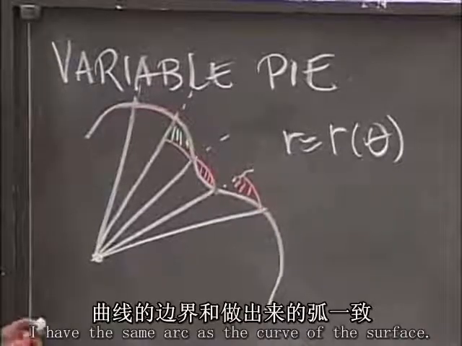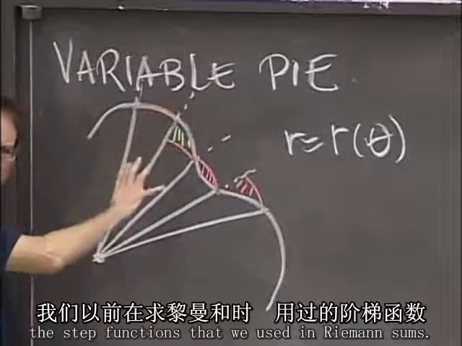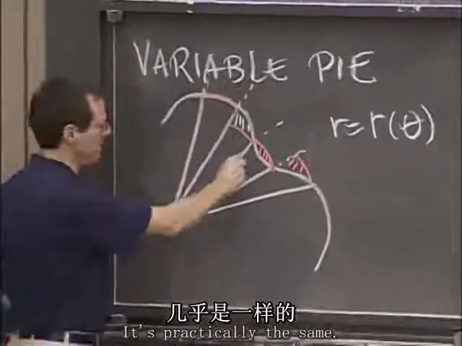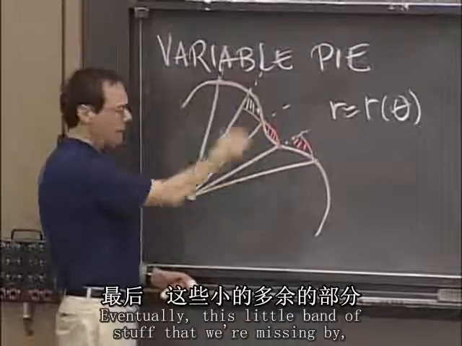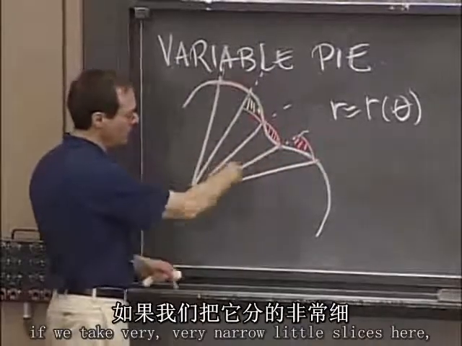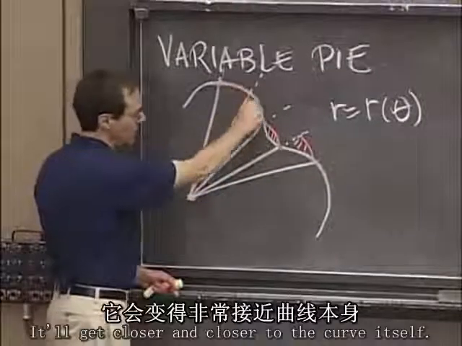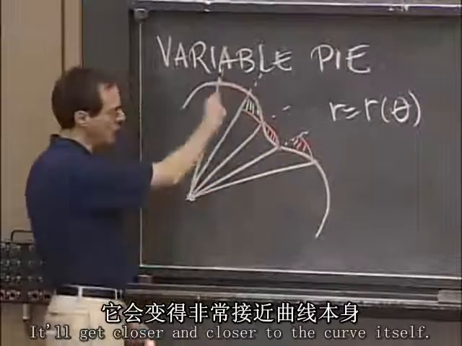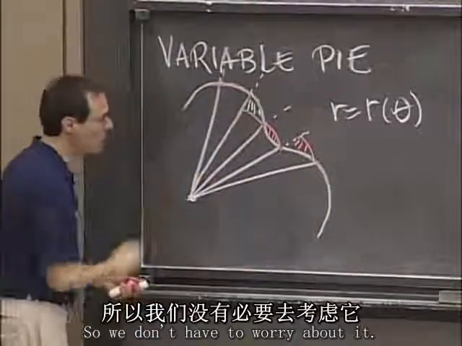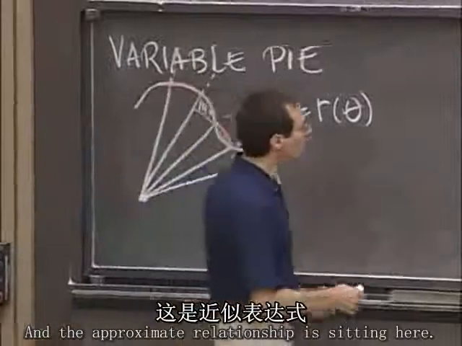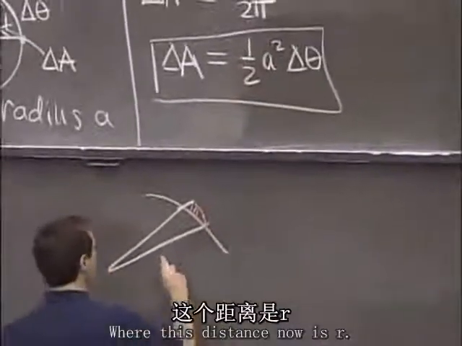Now, this is a little bit like the step functions that we used in Riemann sums. It's practically the same. Eventually, this little band of stuff that we're missing by, if we take very, very narrow little slices here, is going to be negligible. It'll get closer and closer to the curve itself, so that area will tend to 0 in the limit. So we don't have to worry about it, and the approximate relationship is sitting here, where this distance now is r.